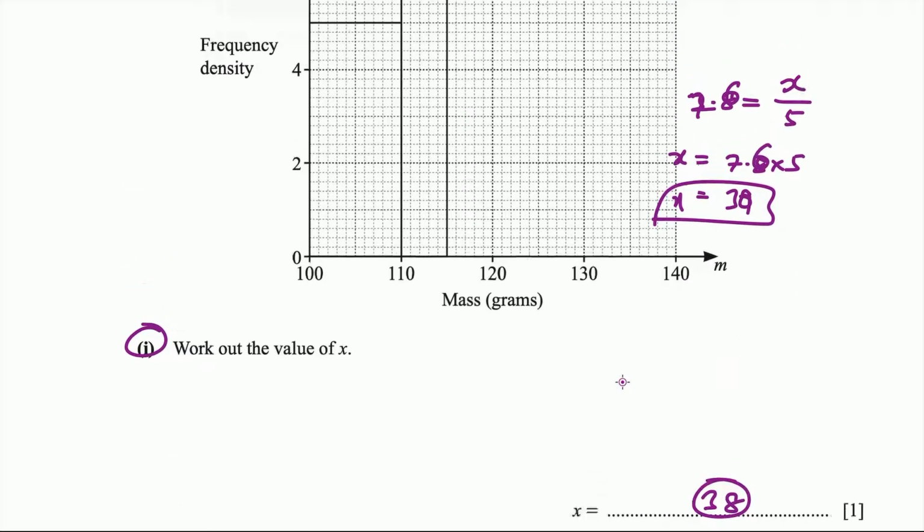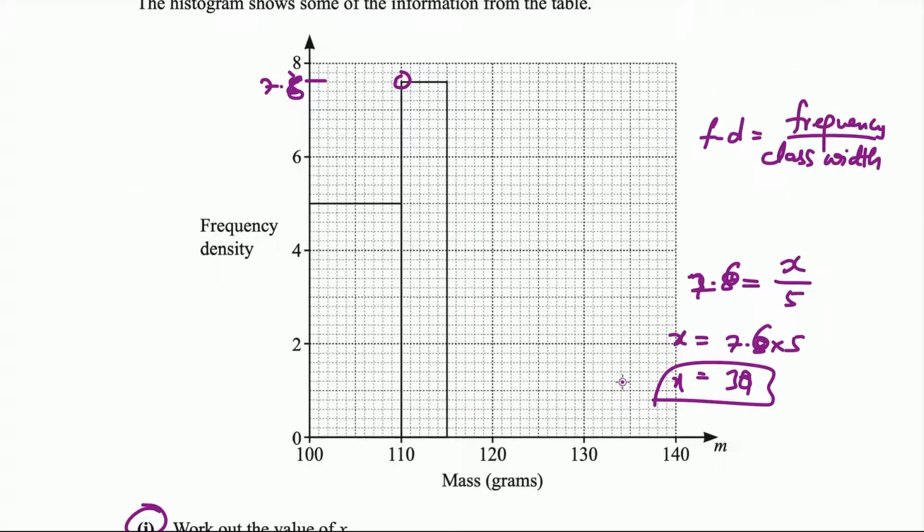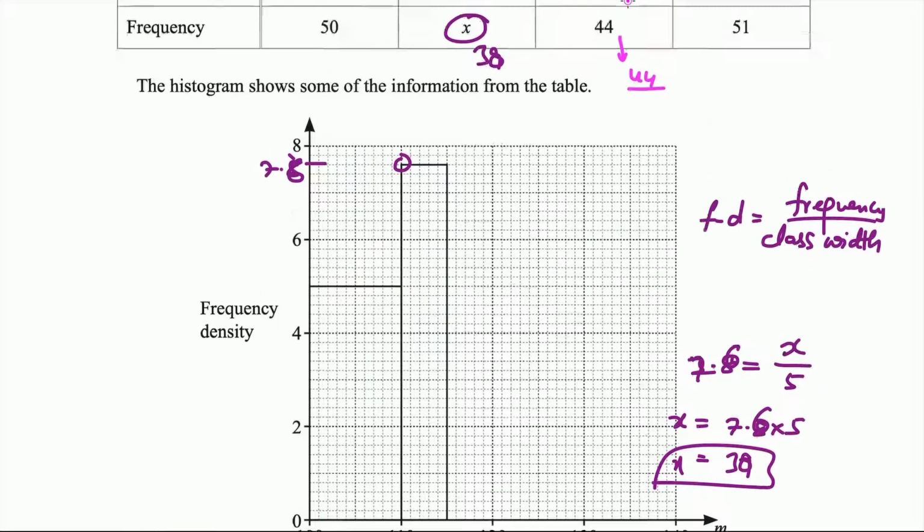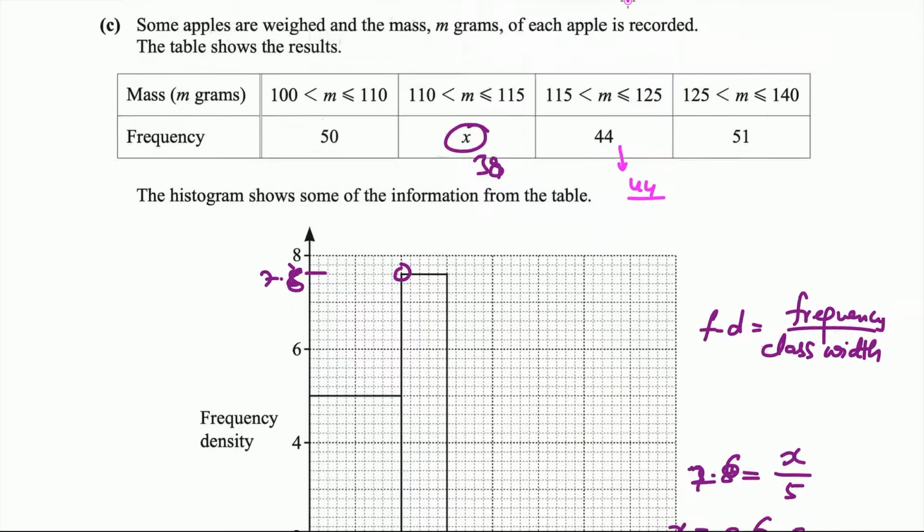Now complete the histogram. Again, we are drawing the frequency densities here. For this, the frequency is 44. As you can see, for 115 to 125, the frequency density would be 44 divided by 125 minus 115, which is 10. So 4.4.